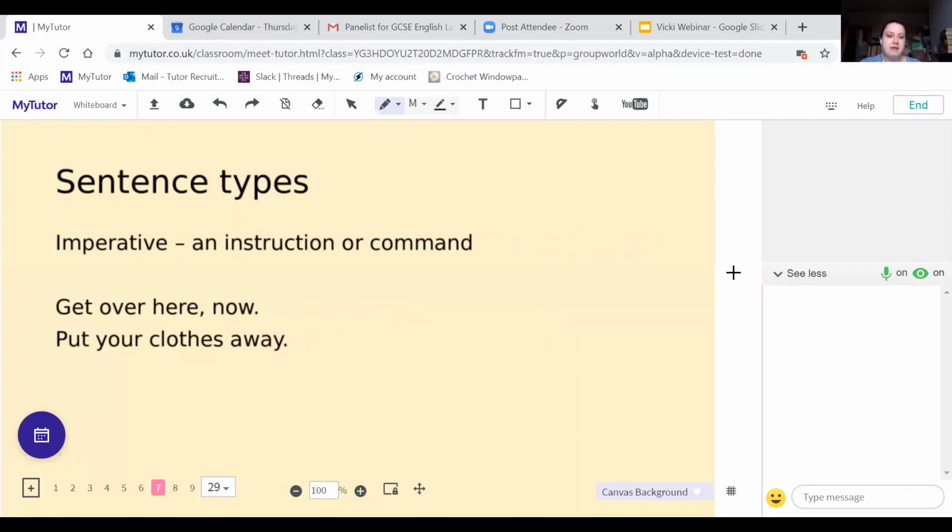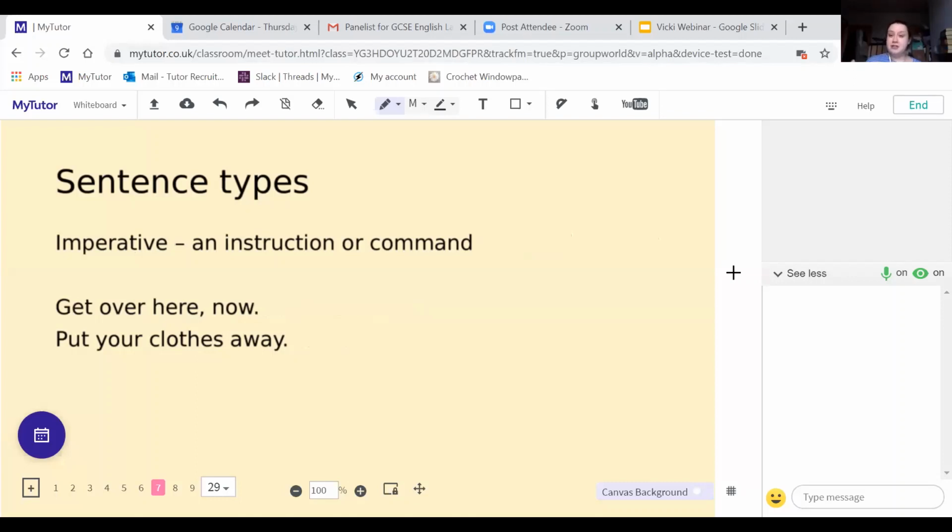Now, imperatives. So this is the one that came up yesterday. An imperative is an instruction or a command. So for example, get over here now, or put your clothes on, or put your clothes away. This is the one that I would be most likely to talk about in terms of sentence forms if I was going to pick it out, because usually that tells us something about the character and what the character is trying to get out of somebody else, informs us about their characterization, their personality, and it also informs us about the mood.